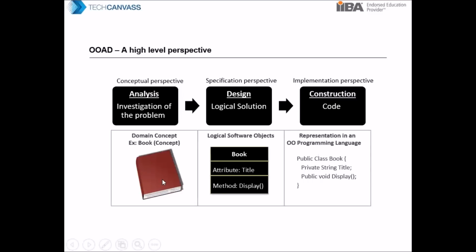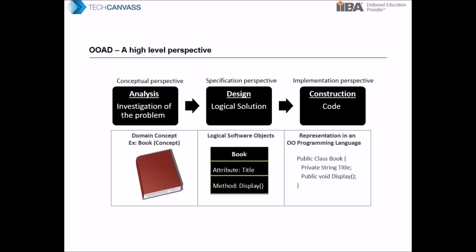In the analysis phase, we are trying to understand conceptually what this system is made up of. So, for example, book. Book is a concept. So we start by understanding, okay, there is something in this system which relates to a book. As we go along and get into design, we start demystifying what a book is.